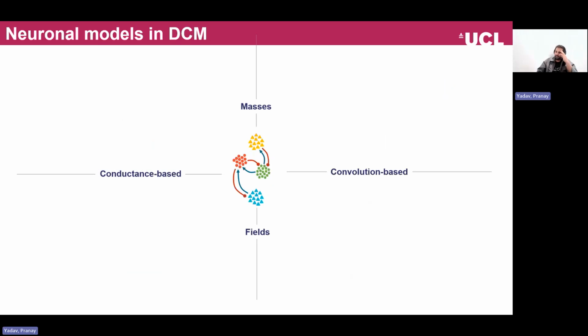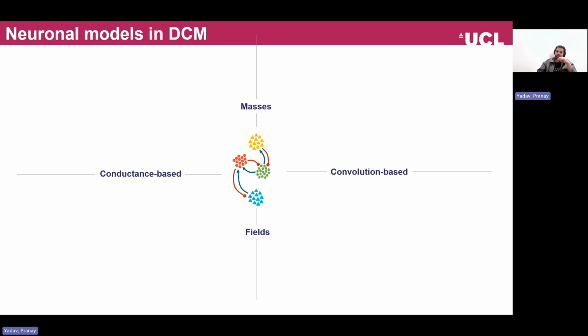More recently, a decade ago, the pyramidal population was split, and this led to refinements where now the model consists of four populations. The spiny stellate and the inhibitory neurons are the same, but the pyramidal population is split into a superficial population and a deep pyramidal population.